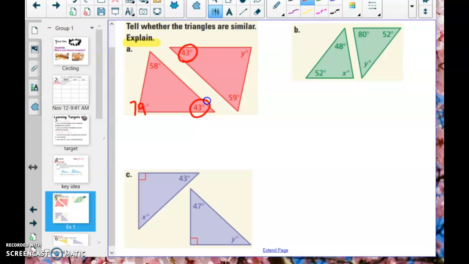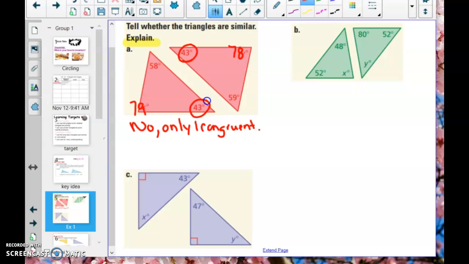And then if I look for y, if I do 180 minus 43 minus 59, I see that this angle here has to be 78. So unfortunately, those are not similar because they only have one congruent angle. You need to have all three congruent in order for it to be a similar triangle.